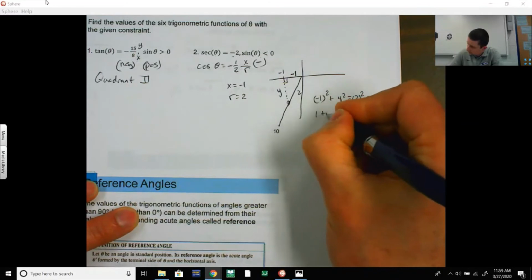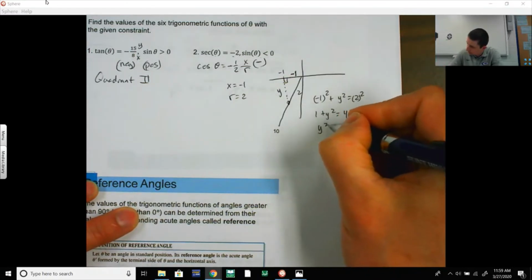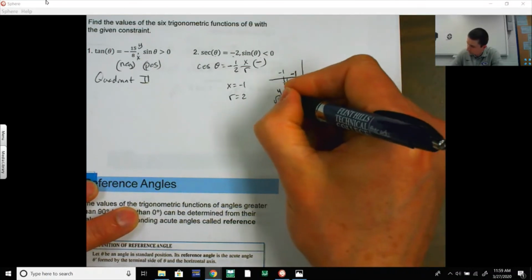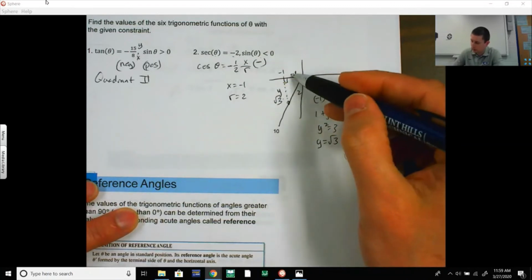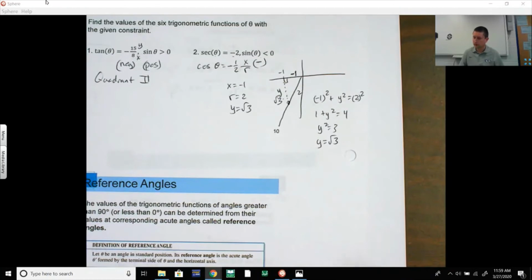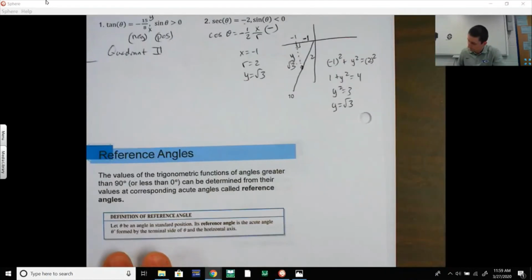So 1 plus y squared equals 4, this is the Pythagorean theorem. Y squared equals 3, so y is going to equal the square root of 3. So now you have your x, you have your y, you have your r. You can figure out the rest of your 6 values using that chart right there.